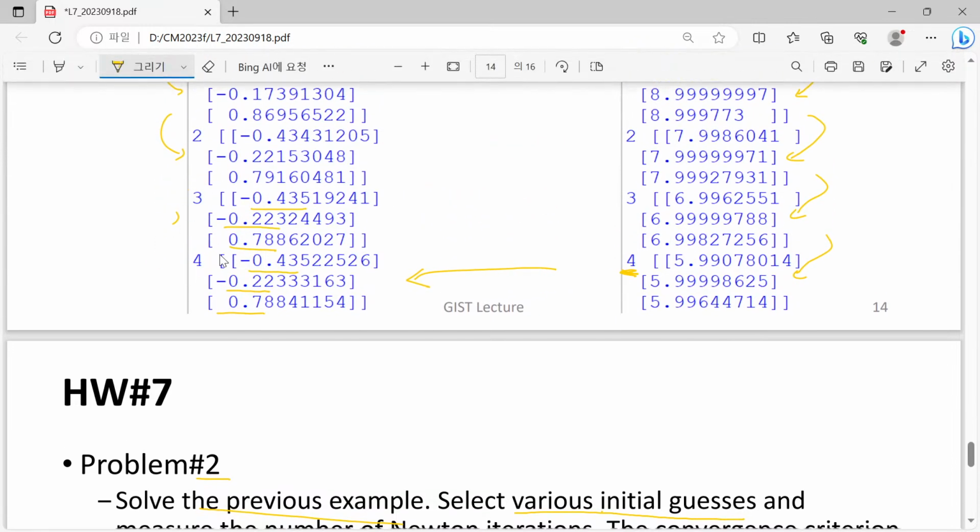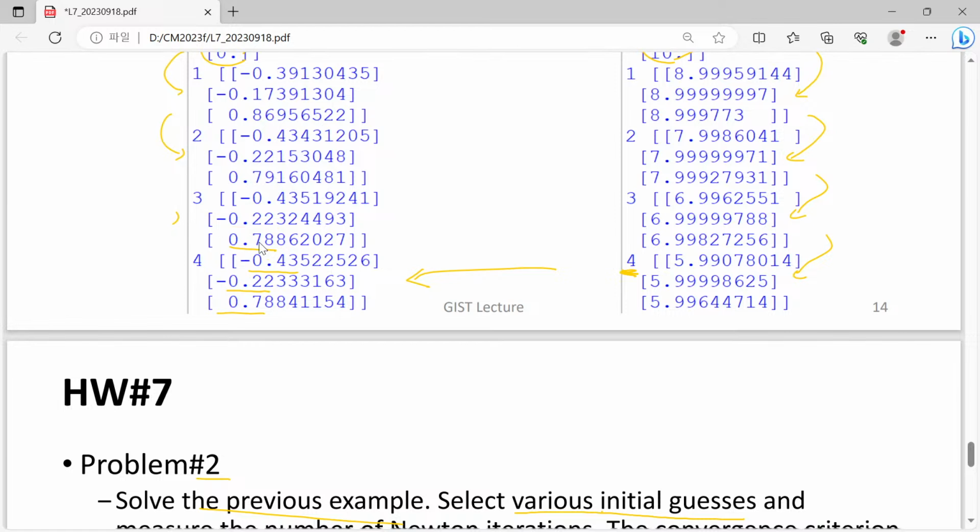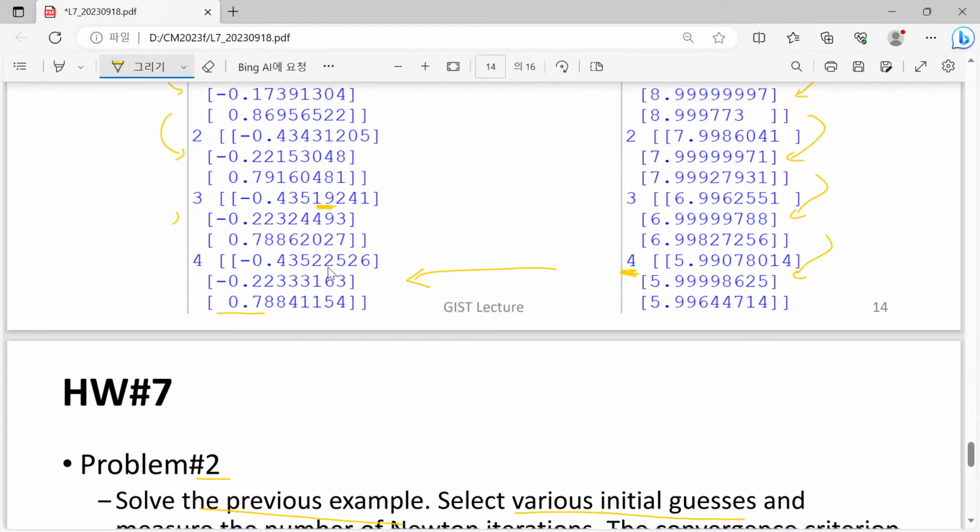For example, what does it mean? Between the third and fourth solutions, although they are quite close, you can find that the difference is about 0.3 times 10 to the minus 4, so this is still on the order of 3 times 10 to the minus 5.